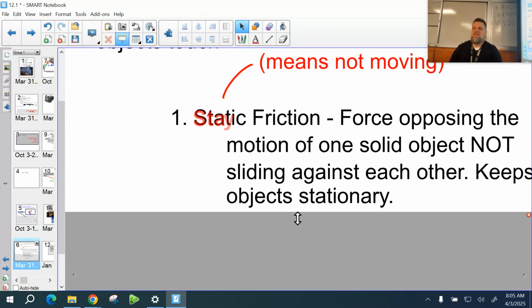So this is the greatest friction for an object because it wants to stay still. Those grooves are locked in pretty tight. Once you get something moving, you kind of bounce off the grooves. But static friction is definitely one type of friction.